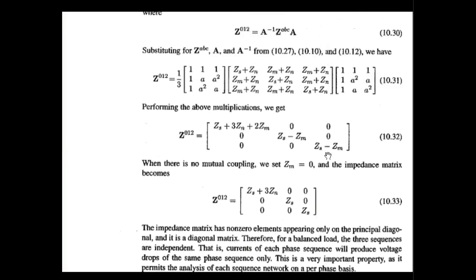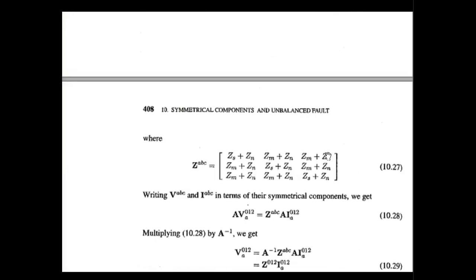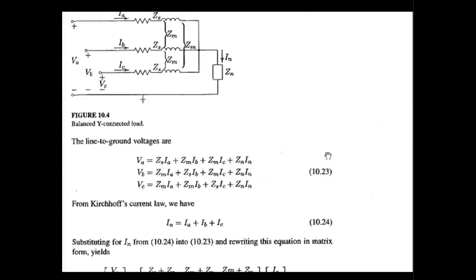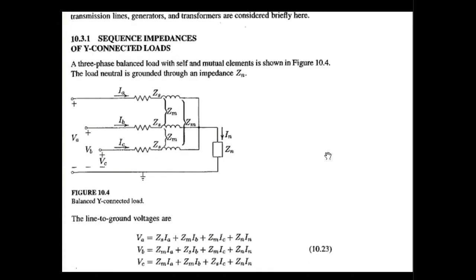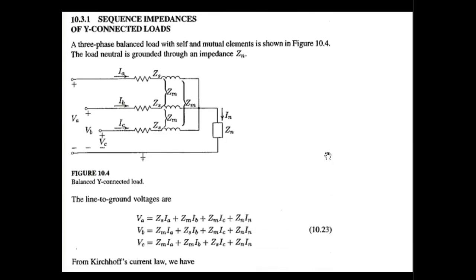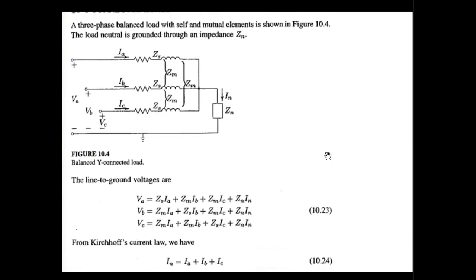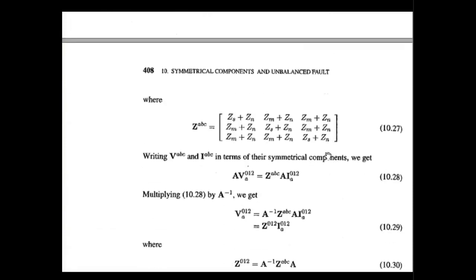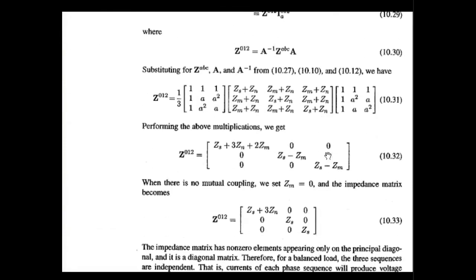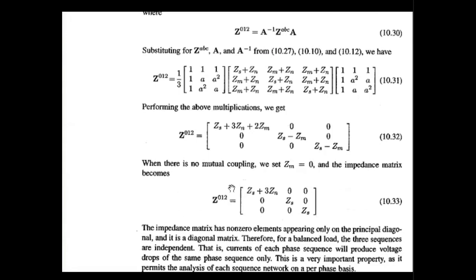Is there any confusion regarding the derivation? The derivation is not required for memorization, but you have to know the steps of the derivation, what we have done and how we reached the result. The final result you have to remember.